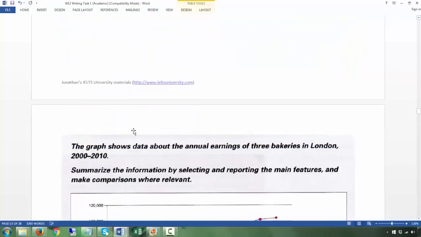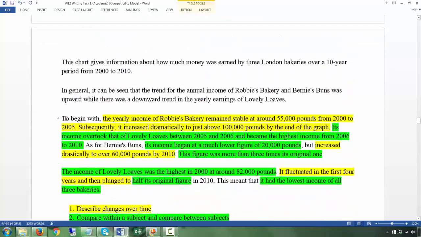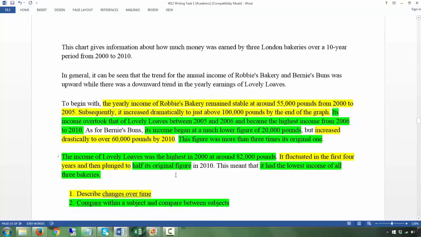This is for the future. Combining it all together, you have introduction, overview, and you have the yellow and the green, the yellow being the changes over time, the green being the comparison. And then you have to make your decision.